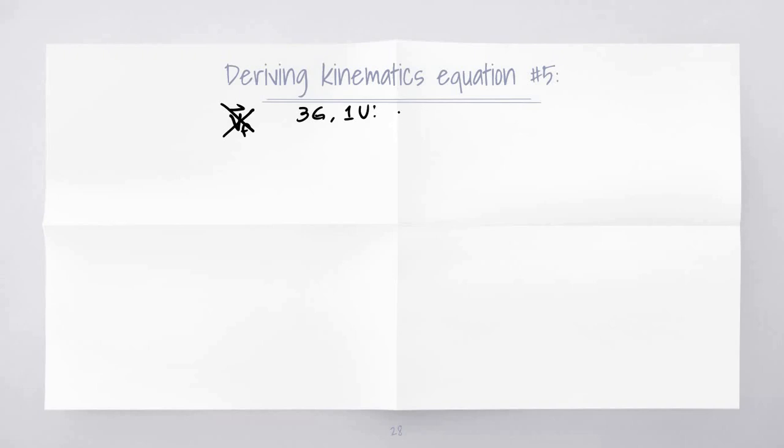So what are these? Acceleration is in here, initial velocity is also in here, the time variable is also in here, and of course the displacement.